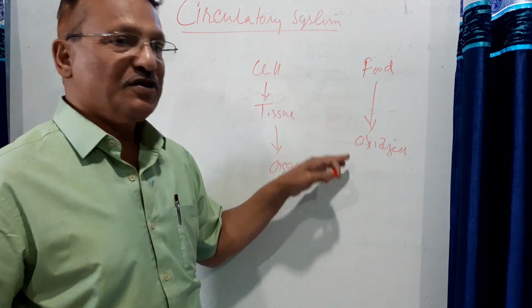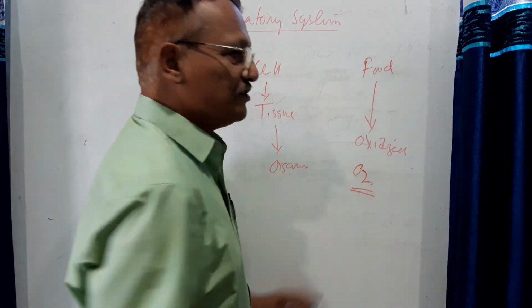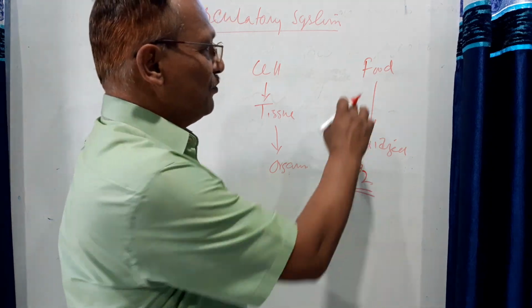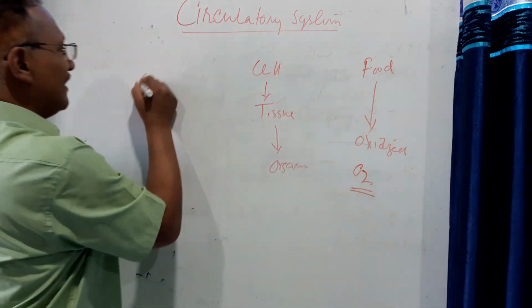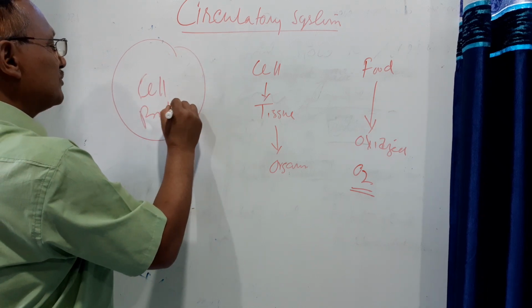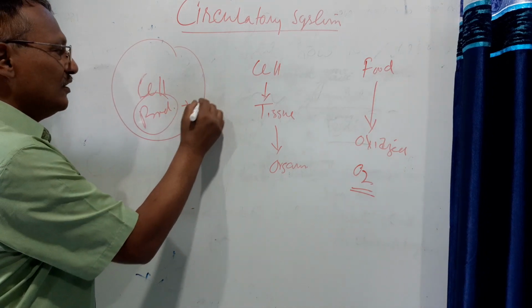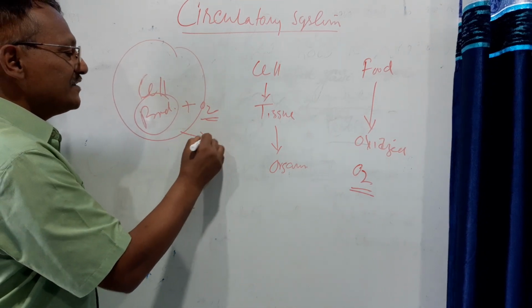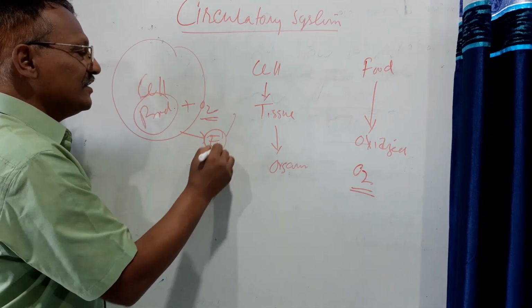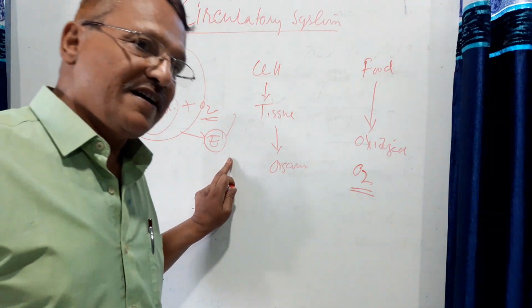Food must be oxidized in the presence of oxygen at the cellular level. When food is oxidized with the help of oxygen, energy is released, and this energy is utilized to perform different functions by the animal.